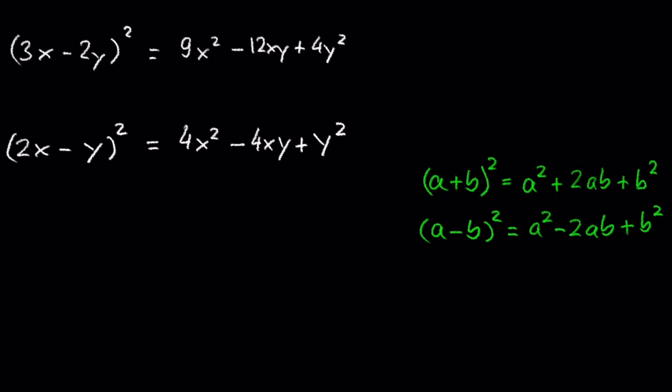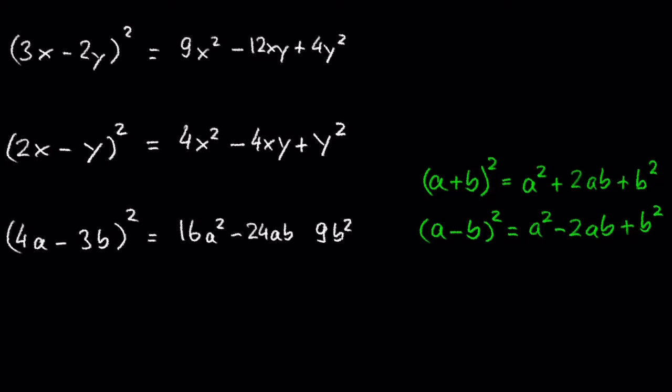What about this example? (4a - 3b) squared. 4a squared is 16a squared. 3b squared is 9b squared. And negative 2 times the first term times the second term is negative 24ab.